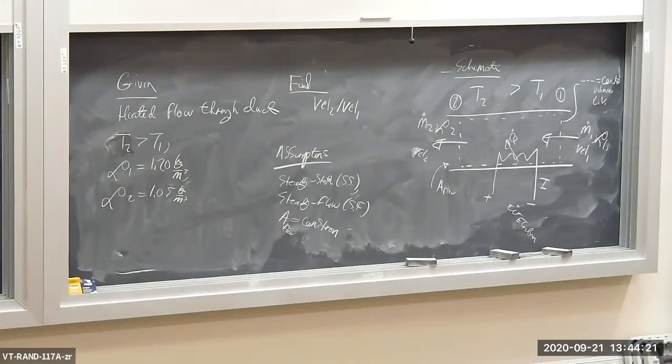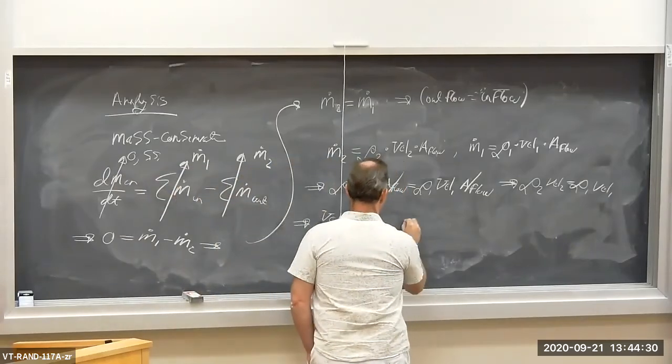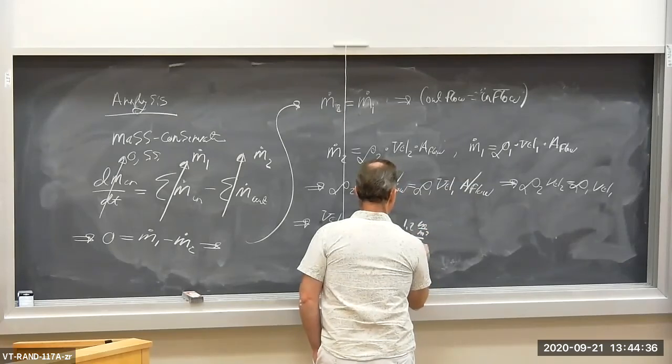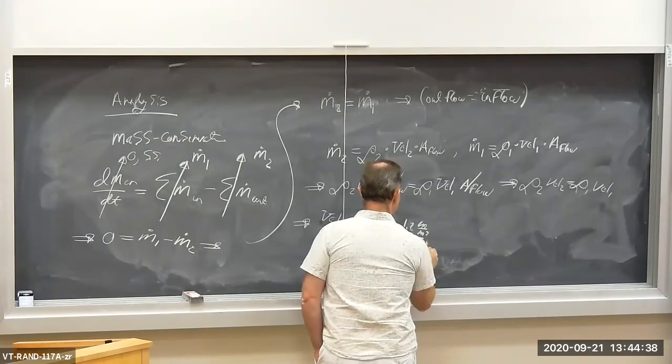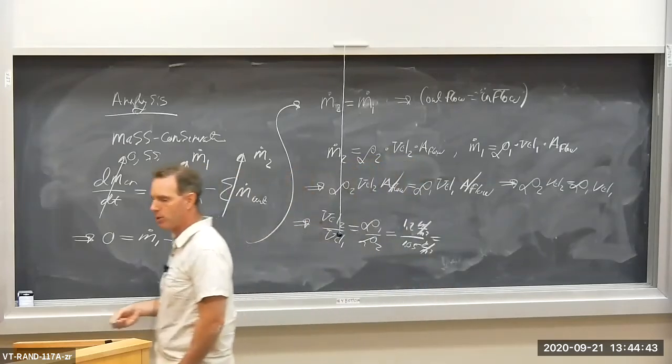Let's plug in some numbers here. The inlet and outlet densities are 1.2 kilograms per cubic meter and 1.05 kilograms per cubic meter. The kilograms per cubic meter cancel out, and we get a dimensionless number.